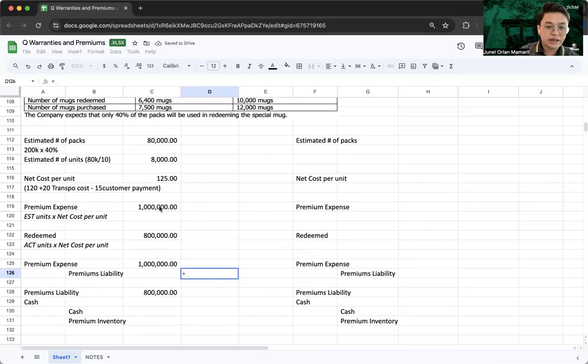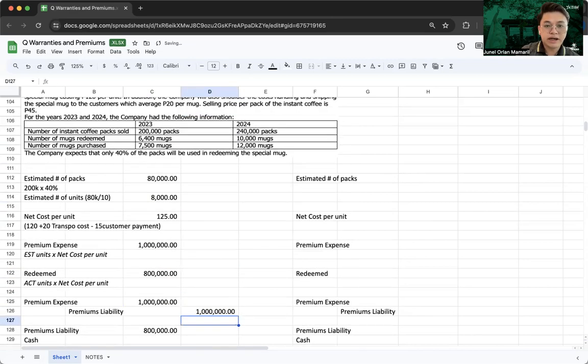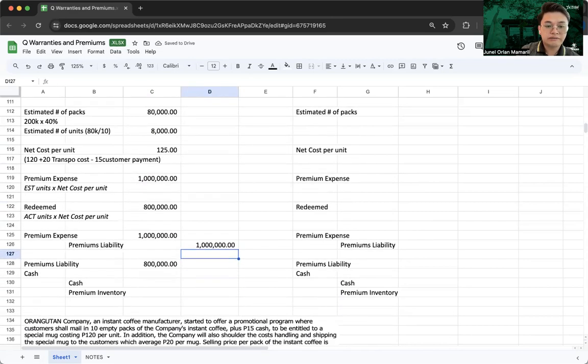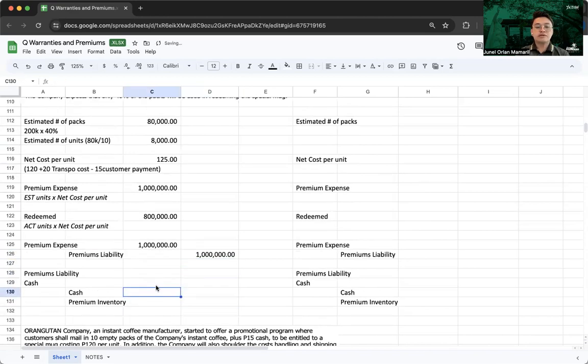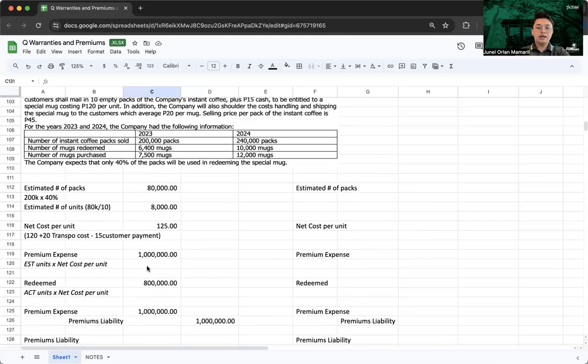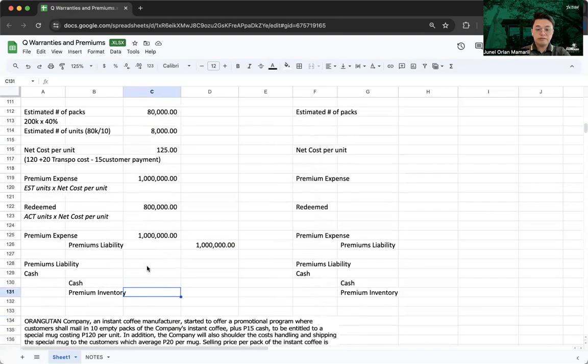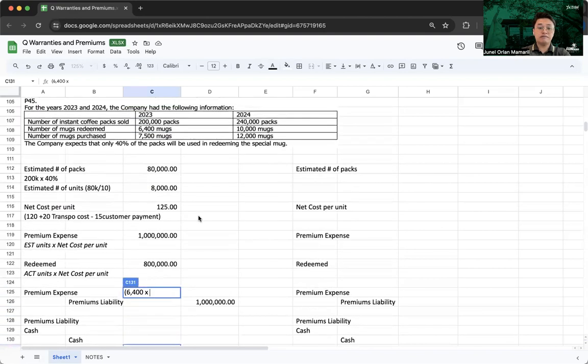And eto, no? For this number, I included the journal entry for this one because it's quite confusing. So bakit ganyan yung ating journal entry? So first, yung ating premium inventory ay yung ating ni-redeem. So a lot of 6,400, ano? Multiplied by the cost of our inventory.